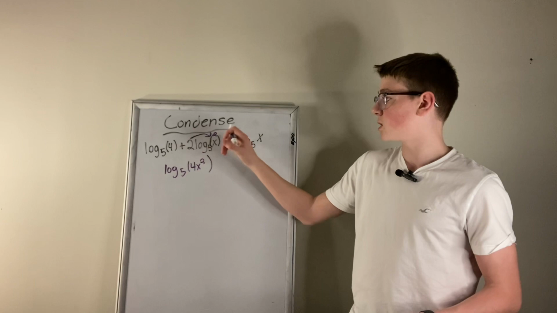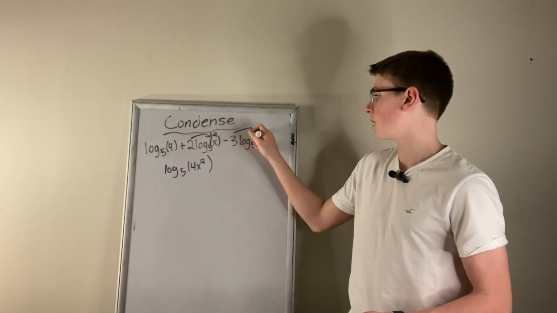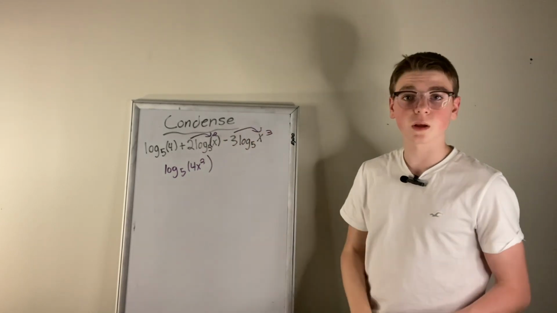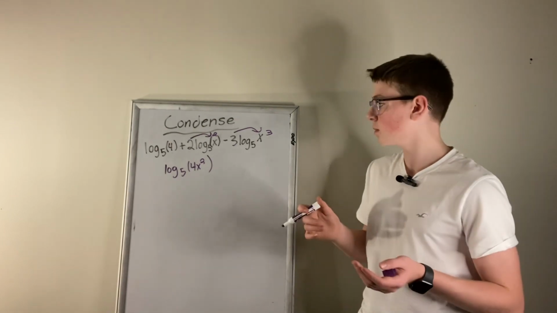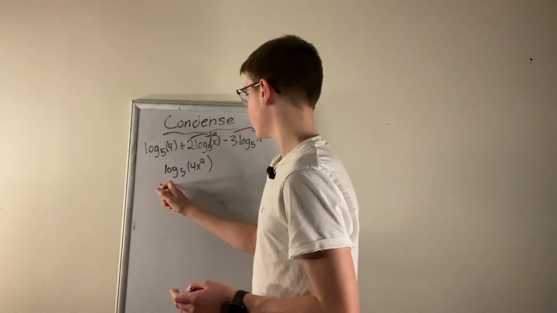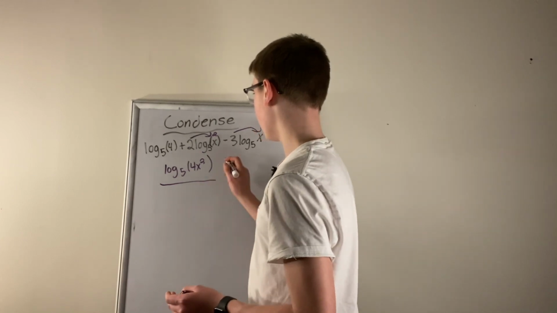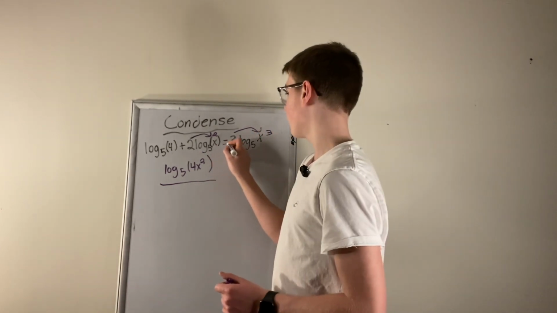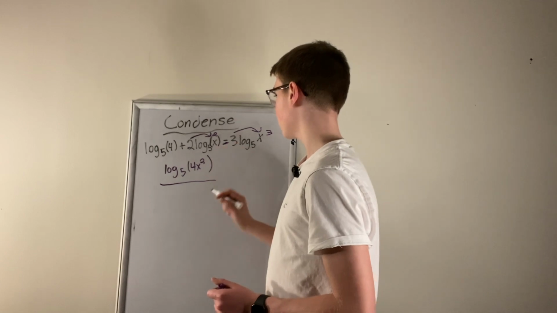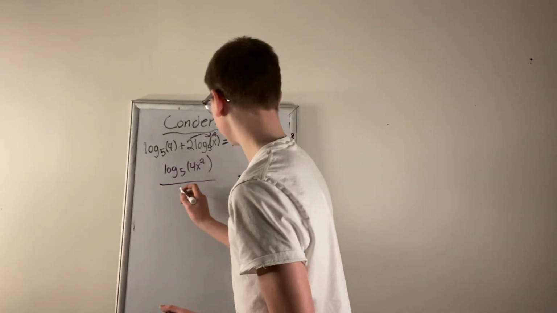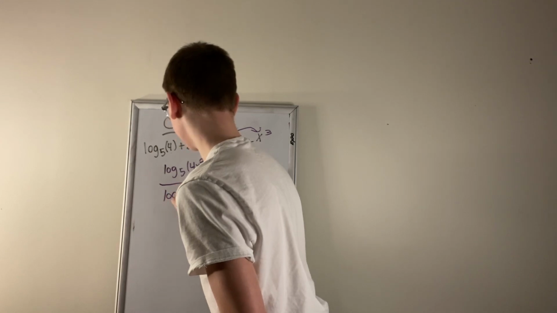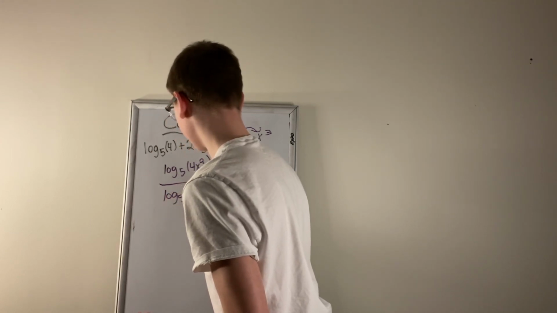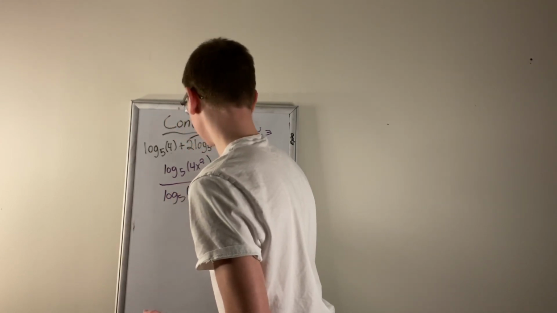Just like we did with this 2, we're going to move this to the exponent, just because we're getting it as small as possible. So now it's over, because this is a minus sign here. Minus, so it's over log base 5 of x cubed.